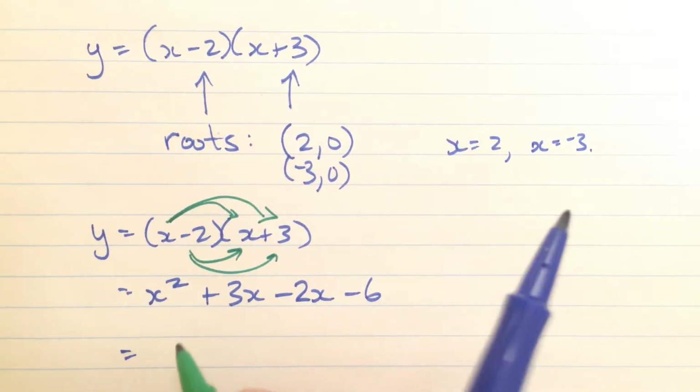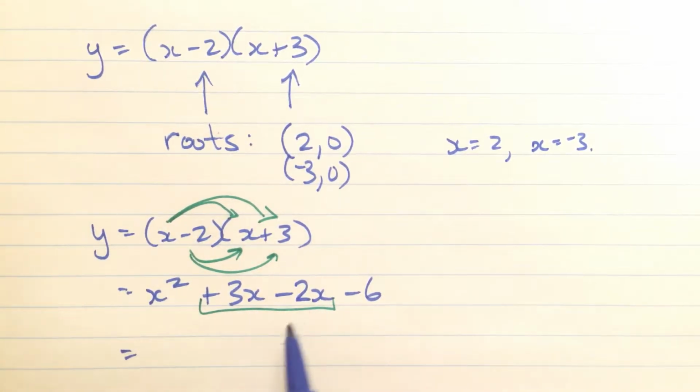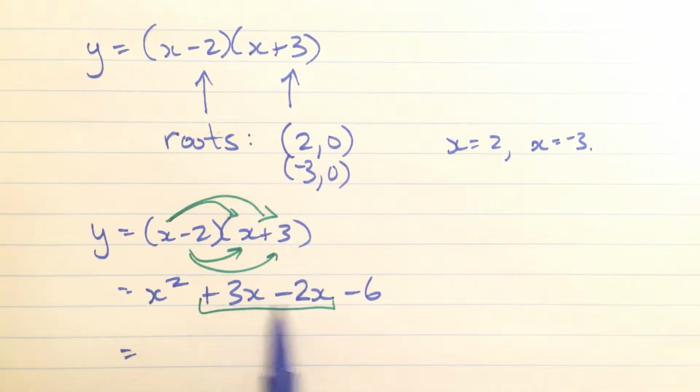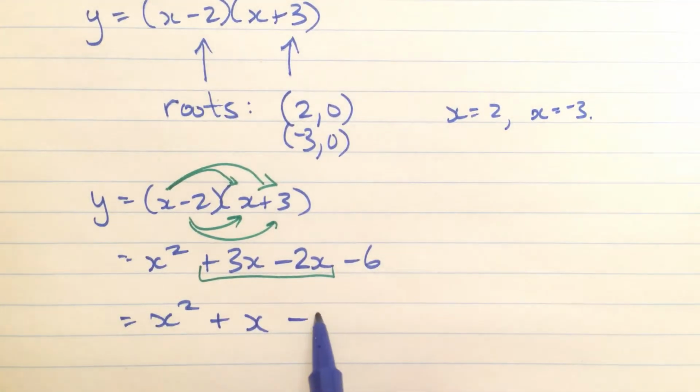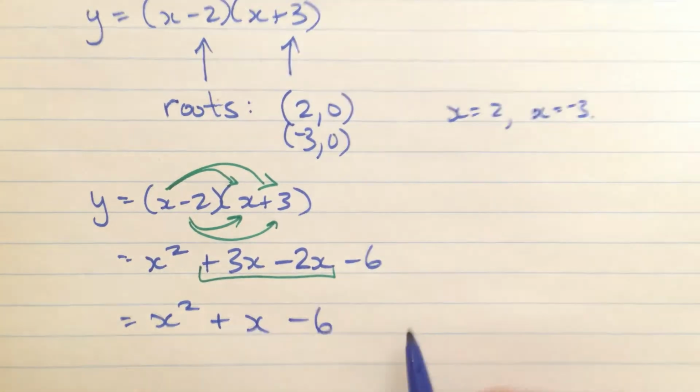It's collecting these terms in the middle that are the same degree, they're both degree 1, they have an x in them. X squared we leave alone. Here we have positive 3 minus 2 gives me a positive 1 times x, or positive x, and then minus 6. That's standard form.